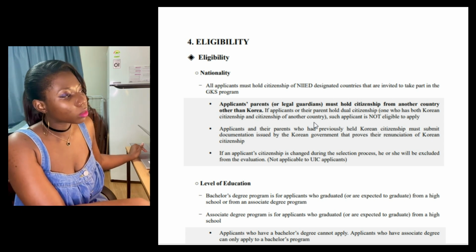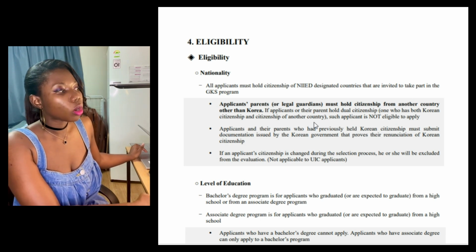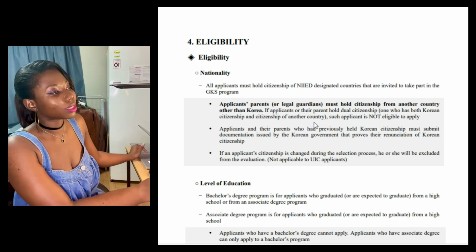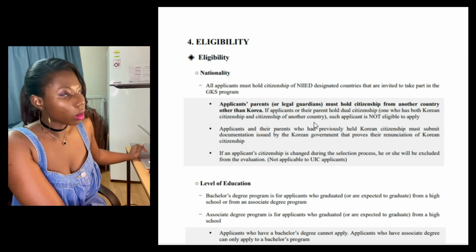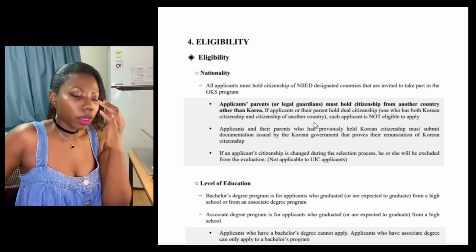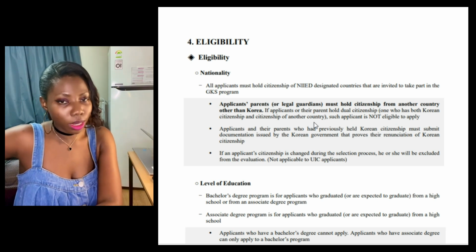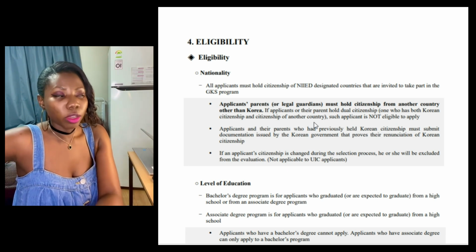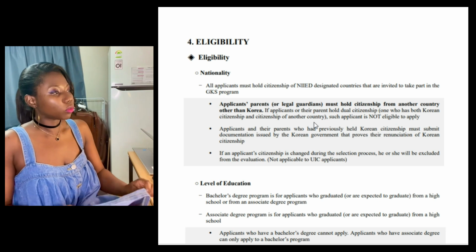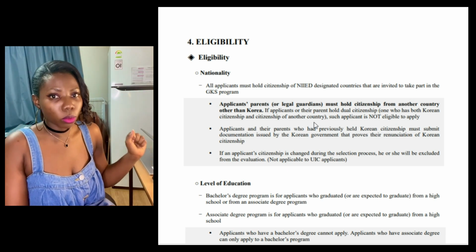If the applicant or the parent holds dual citizenship, one who has both Korean citizenship and that of another country, such an applicant is not eligible. Okay, so please, the remaining I need you to read it. You should be from another country, other than Korea, to apply for the scholarship. So you can't have dual citizenship if you want to apply for the scholarship. All right, so you have to be from one of the eligible countries who can apply for the scholarship.